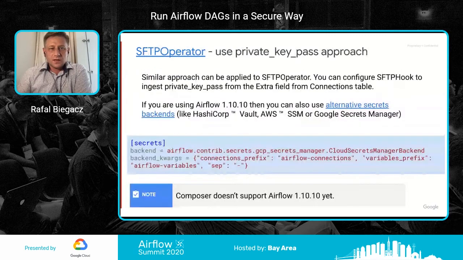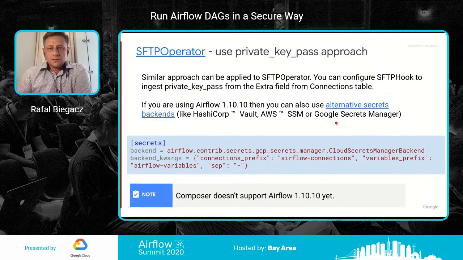Similar situation with SFTP operator. You can use private key pass approach, which is exactly the same as private key in case of SSH operator. And again, this private key pass will be stored in extra field that will be encrypted in connections table.